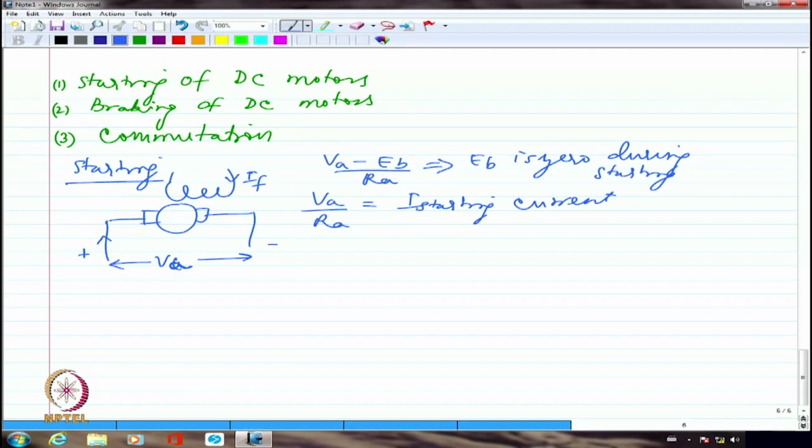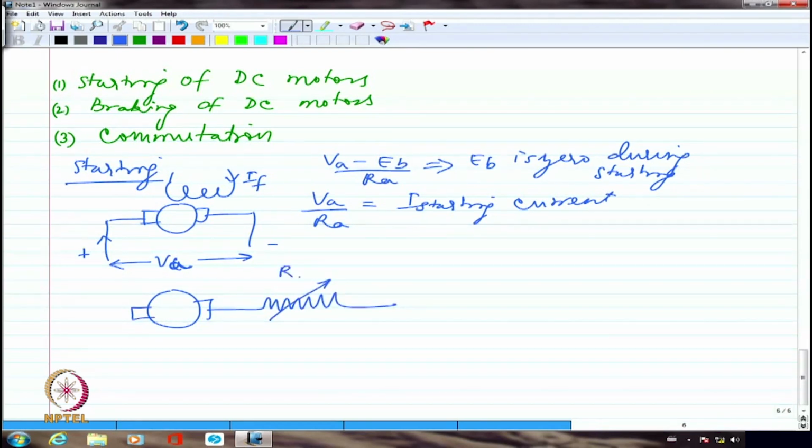So I don't have any back EMF which will play a vital role in limiting the current during starting of a DC motor. So I necessarily need to include a large amount of resistance, which may be a variable resistance.